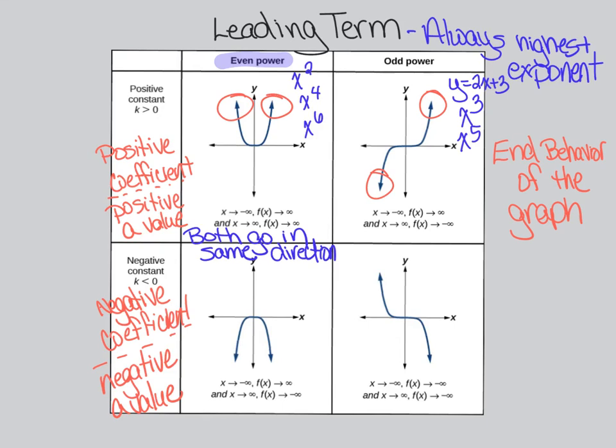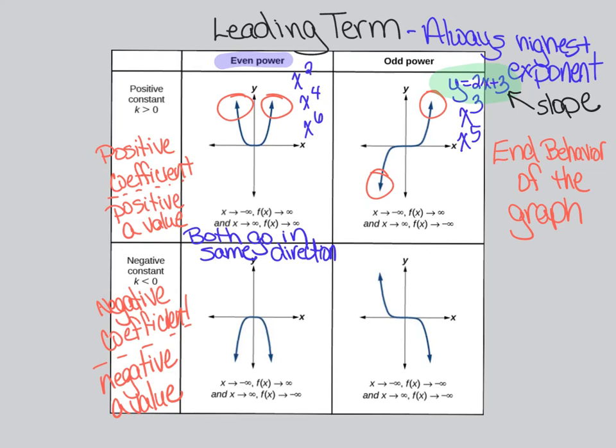So what you want to do is go back and think a little bit about slope. Think about how slope works. So when we are talking about odd powers, think about how slope works.